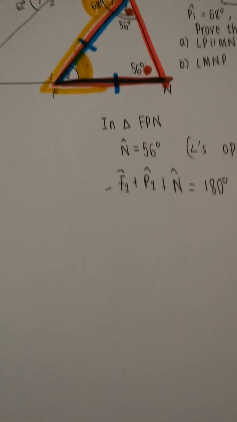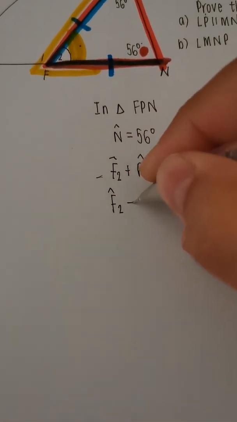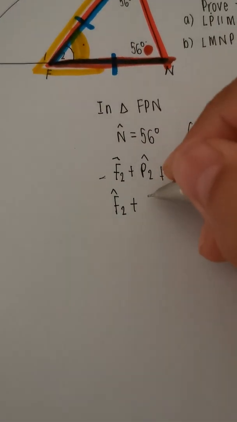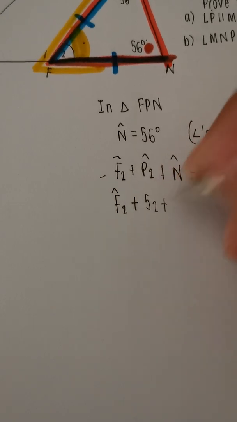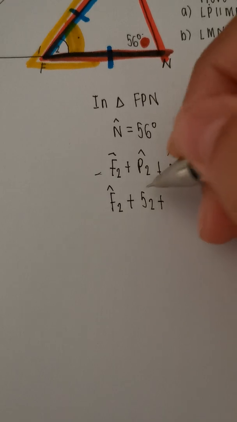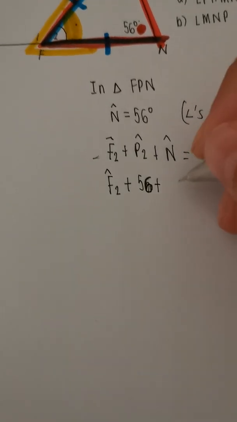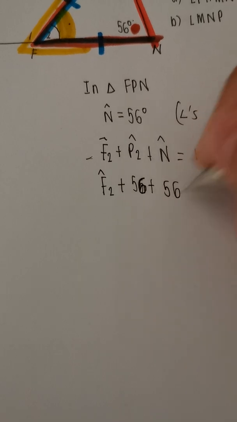Okay, F2 we don't know. P2 we know is 56. We already wrote it down. Oh wait, it was given to us. N we figured out is 56 as well.